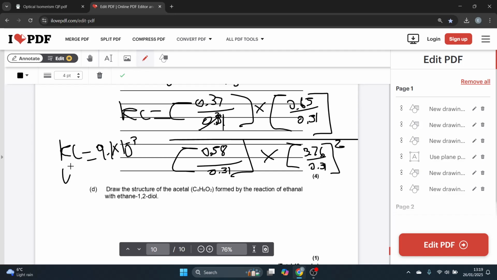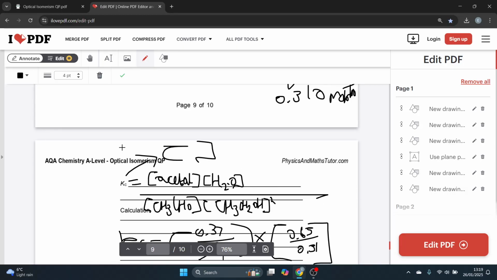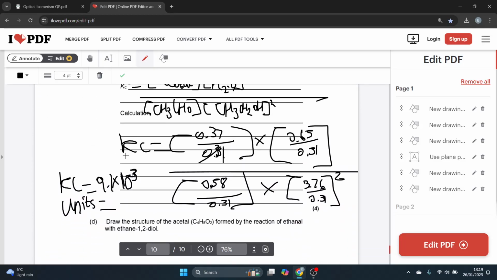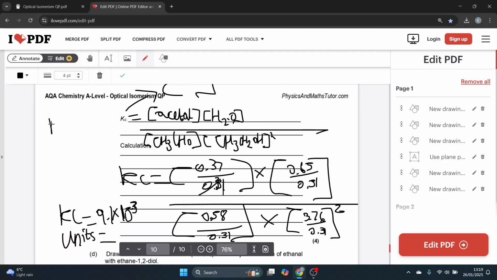And the units, that final mark, you don't want to get this mark wrong, you want to get it correct. Because usually it's pretty simple. Obviously I was working with moles per dm cubed, because concentration is moles divided by volume. So it's going to be moles per dm cubed squared, that's products.